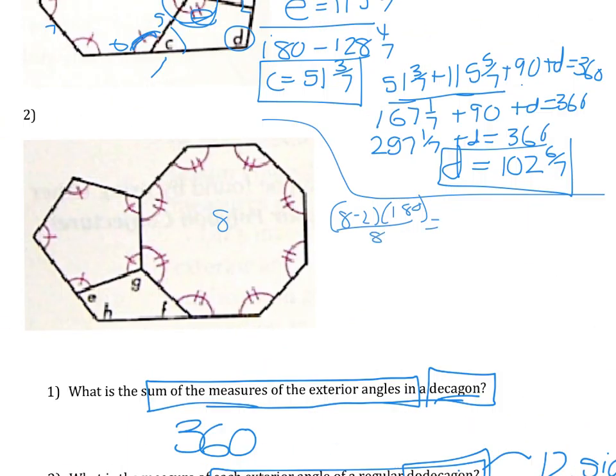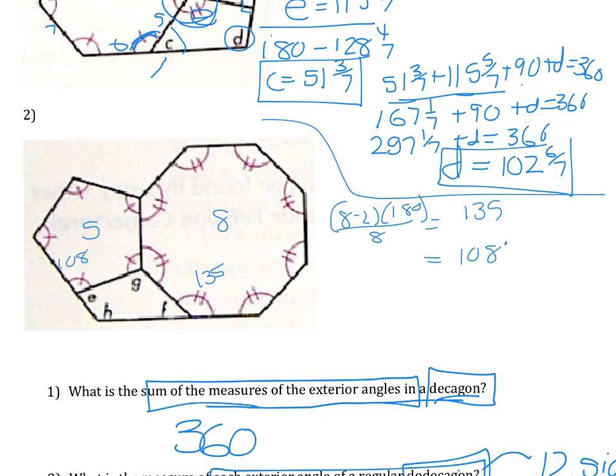That's 6 times 180 divided by 8 comes out to 135. Each of these angles is 135. Then I've got a 5-sided figure, which is going to be 540 divided by 5, which comes out to 108. So each of these angles is 108.